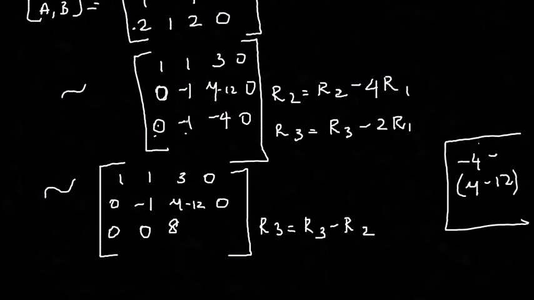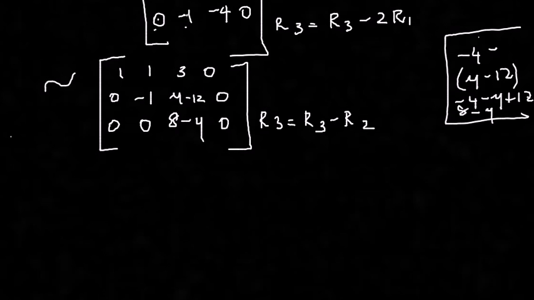So this becomes minus 4 minus mu plus 12, right? So it becomes 8 minus mu. So that's what we are writing here: 8 minus mu, and the last term becomes 0. I think apart from this we can't do anything further.